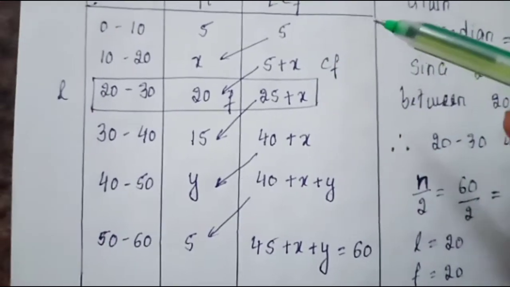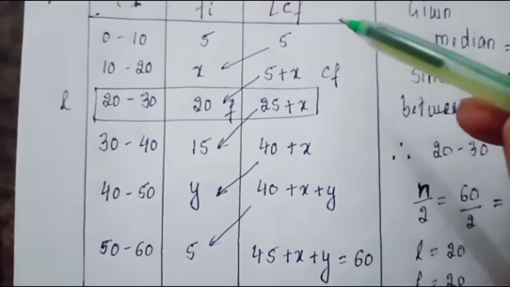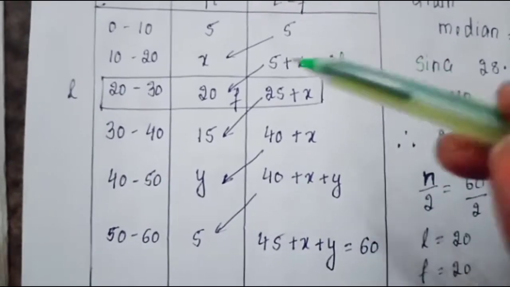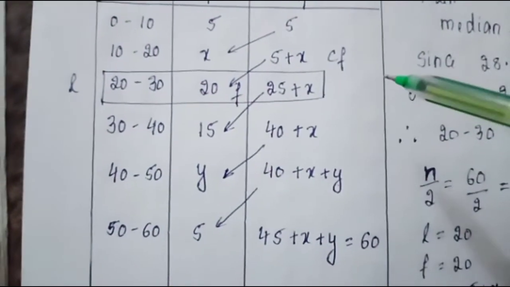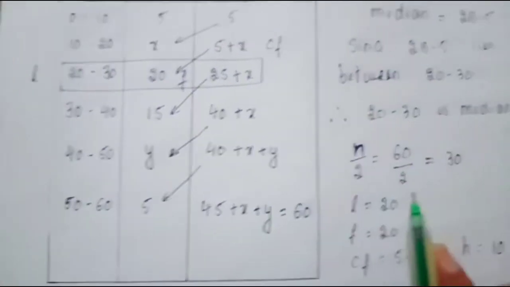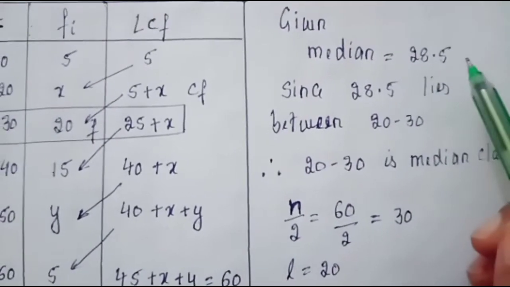Therefore, note that in question number 1, we checked in the LCF. But here there are some unknown frequencies, so we cannot find the median class with the help of the n by 2 concept. The median is already given in the question. What is the median? 28.5.